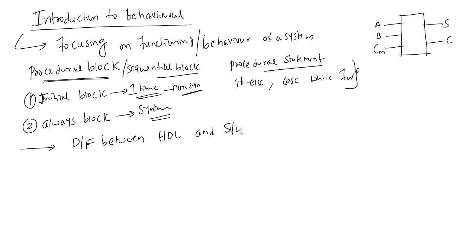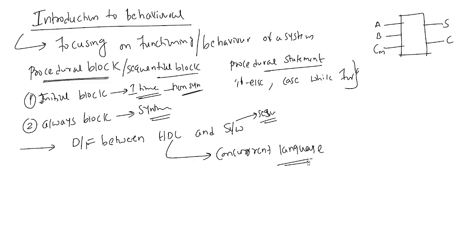Software language is serial or sequential in nature, so it will execute one instruction after another, whereas HDL is a concurrent language. That means parallel execution will happen in HDL.